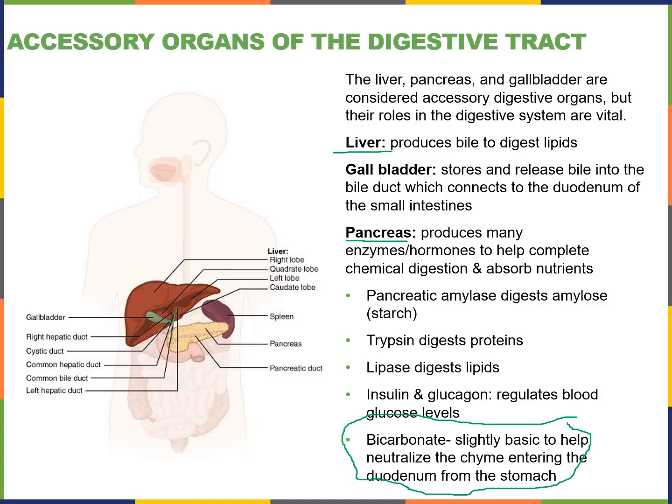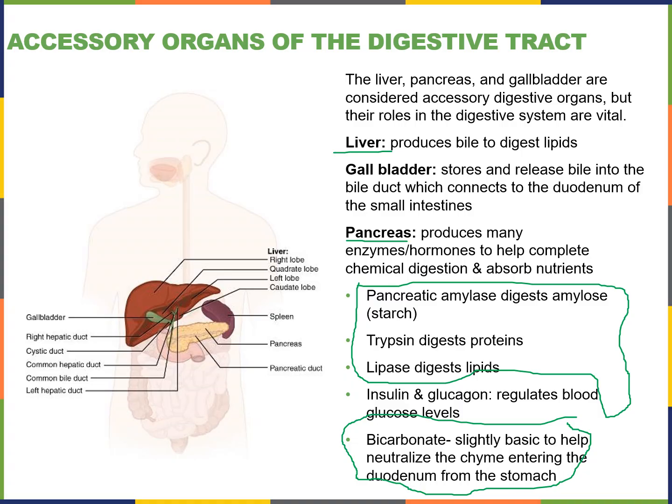Remember that chyme coming from the stomach is acidic, and we have all of these enzymes from the pancreas, which will help to digest the food to the end products.